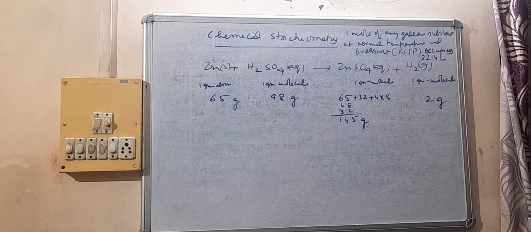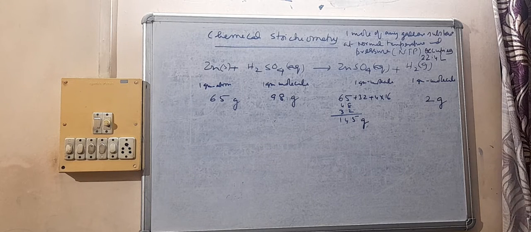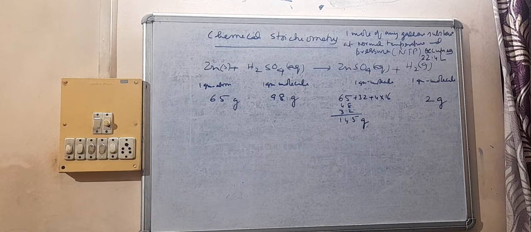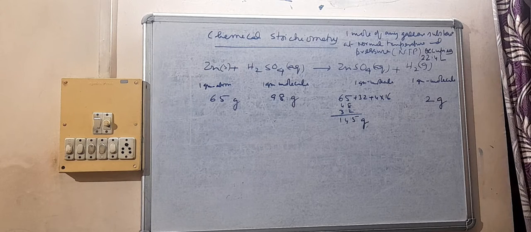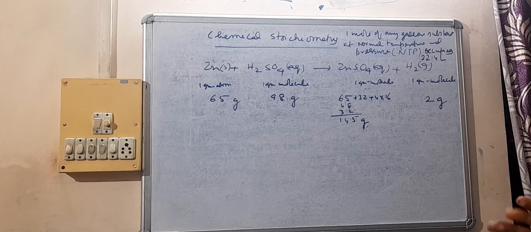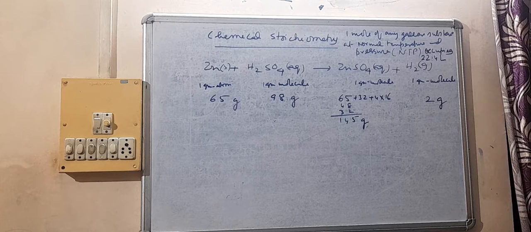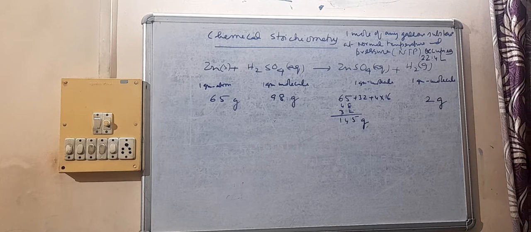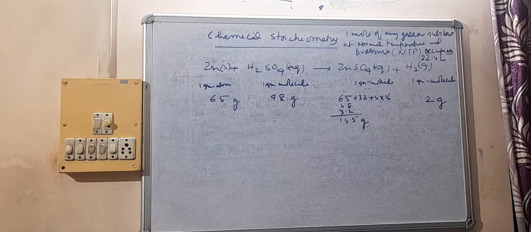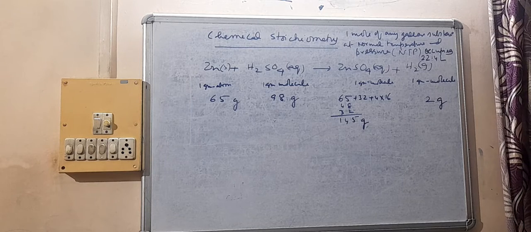You see, normal temperature is 0 degrees Celsius, and normal pressure is 1 atmosphere. So at that condition of temperature and pressure, 1 mole of any gaseous substance occupies a volume of 22.4 liters.